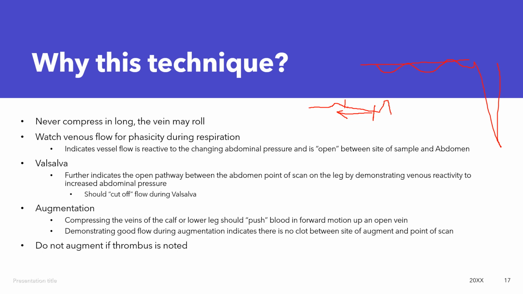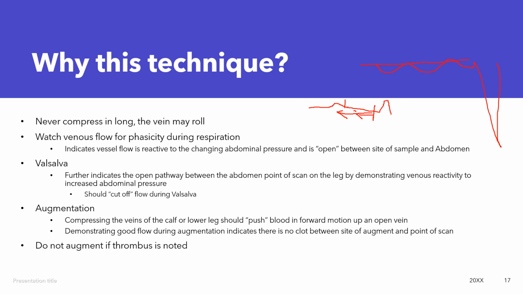If there happens to be a clot here, when you augment, it's going to push blood into that clot, but it's not going to have that forward motion by the time it gets to the transducer. So if we see a very depleted forward motion during augmentation, that would indicate some sort of clot preventing blood flow from accelerating towards my transducer.